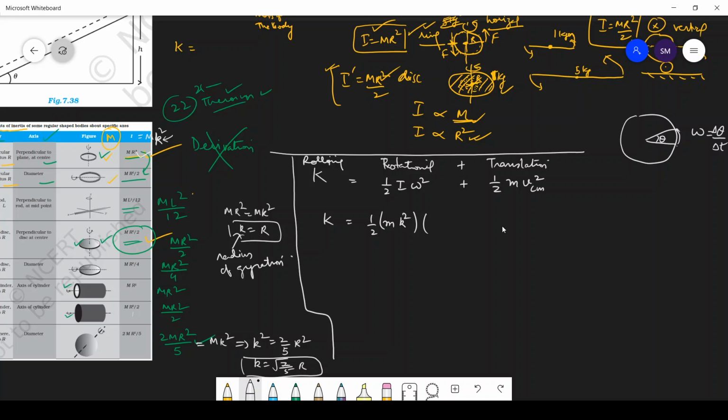The linear velocity is equal to r omega.